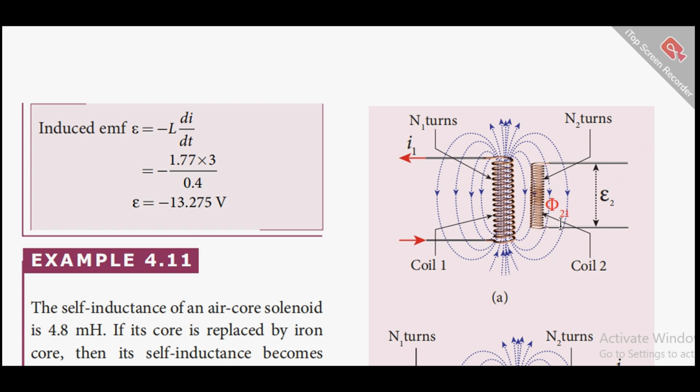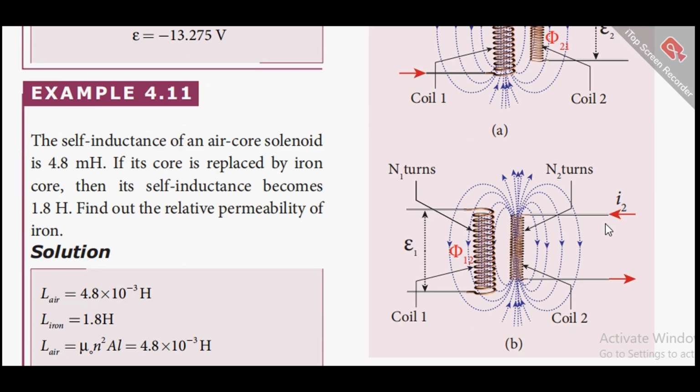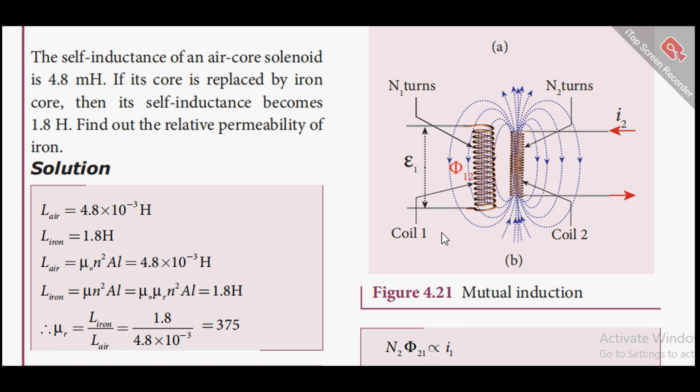The flux linked with the second coil is given by phi21, and the EMF is E2. Similarly, for coil 1 with N1 turns and coil 2 with N2 turns, if the current I2 is passing through coil 2, then there will be an EMF E1 induced in coil 1 because of the change in magnetic flux phi12.